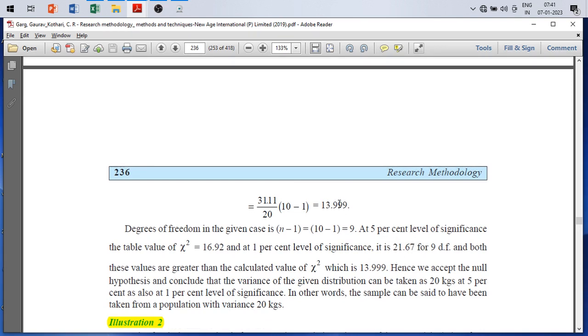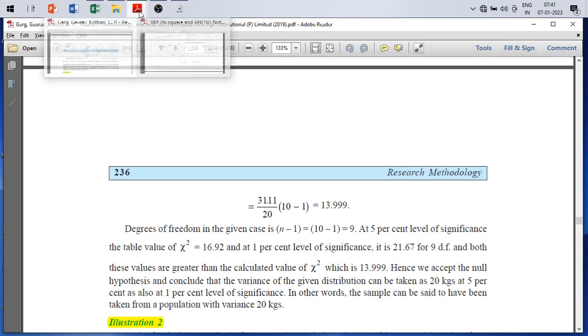And if you look at our statistic, 13.99, for both it lies in the acceptance region. So we just accept the null hypothesis. That is the conclusion. Okay, so that is how the chi-square test is applied for test of variance.